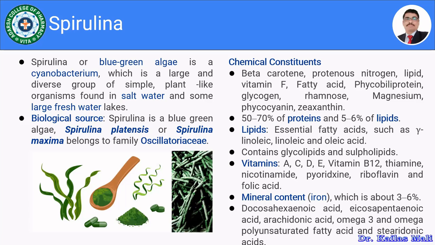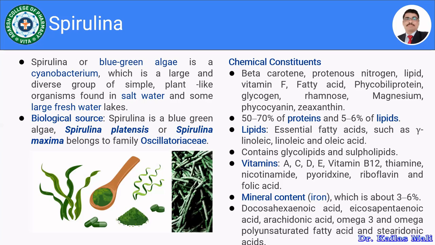Among the vitamins, mainly vitamin F is found in spirulina, along with vitamins A, C, D, E, vitamin B12, thiamine, nicotinamide, pyridoxine, riboflavin, and folic acid. So we can consume spirulina as a source of vitamins, isn't it?